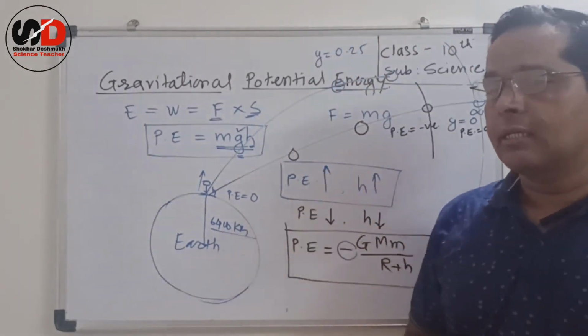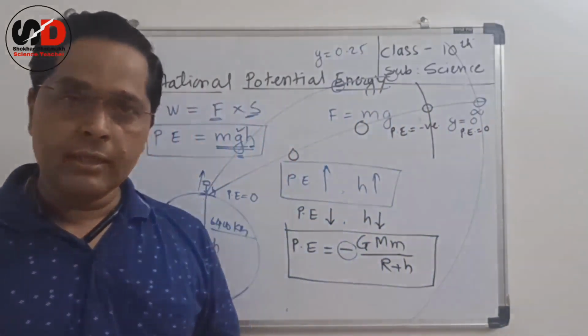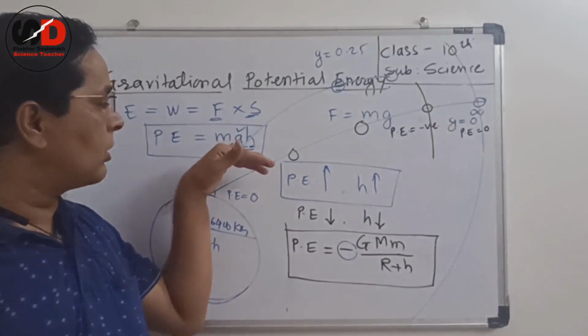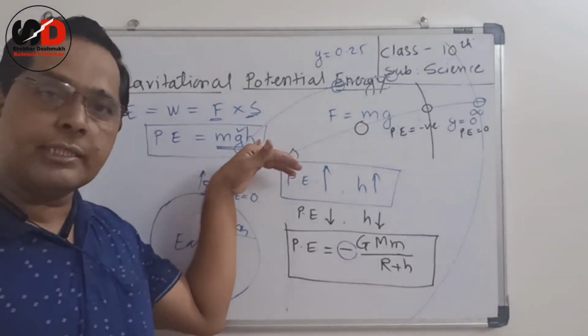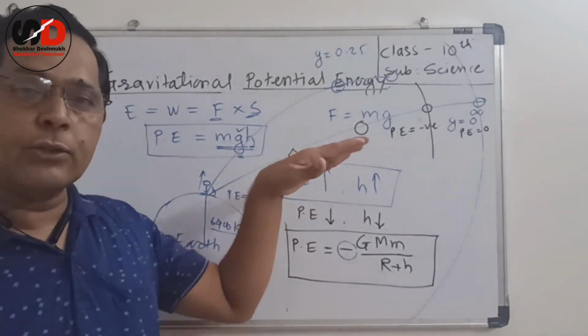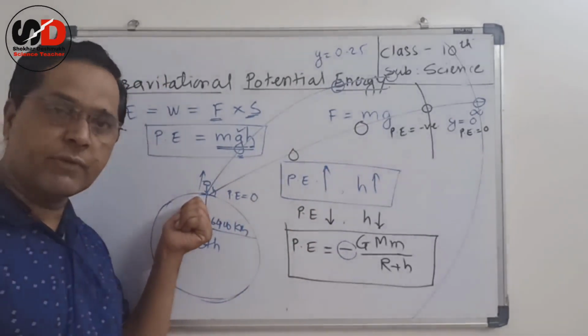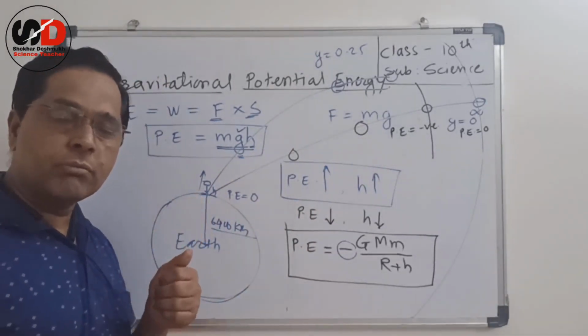So in this, just remember two things. For smaller heights, we consider g constant, and as H increases, the value of potential energy also increases, and it is considered to be 0 at the surface of Earth, that we assume.